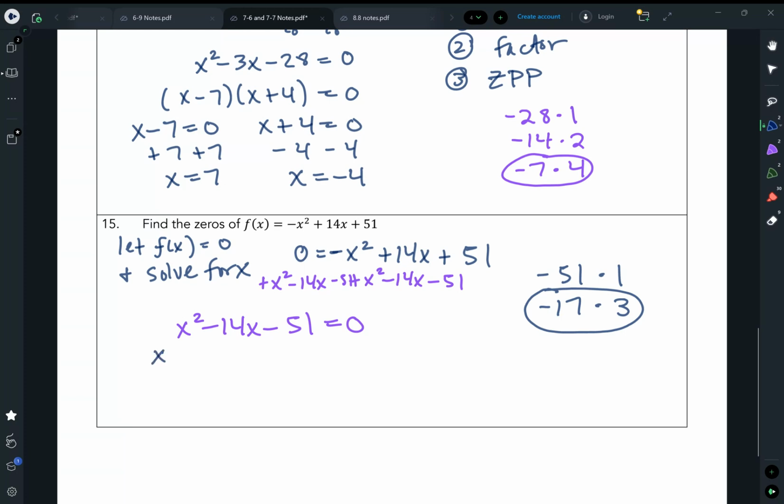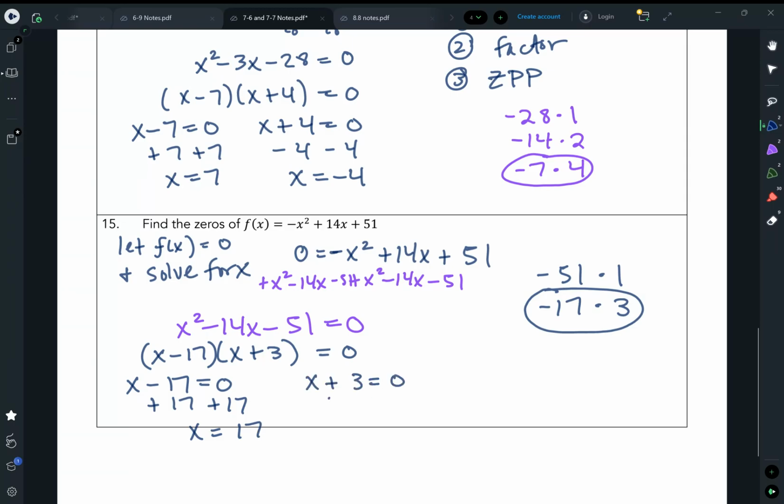So this is going to be an x minus 17 times an x plus 3 is equal to 0. And then we're going to go ahead and solve with zero product property. So at least one of these factors has to equal 0. So we're going to make the x minus 17 equal 0 and solve. And we're going to make the x plus 3 equal to 0 and solve.